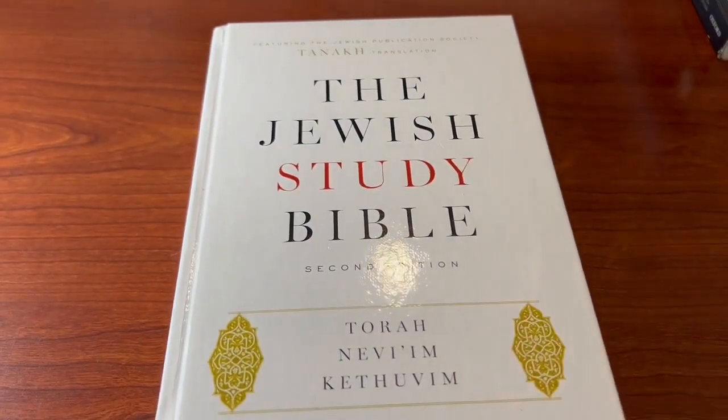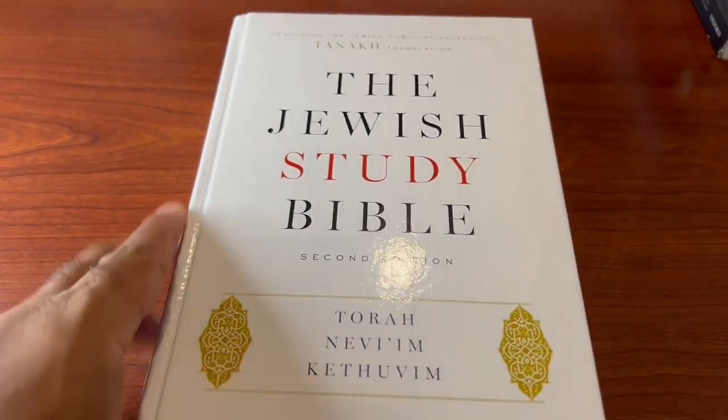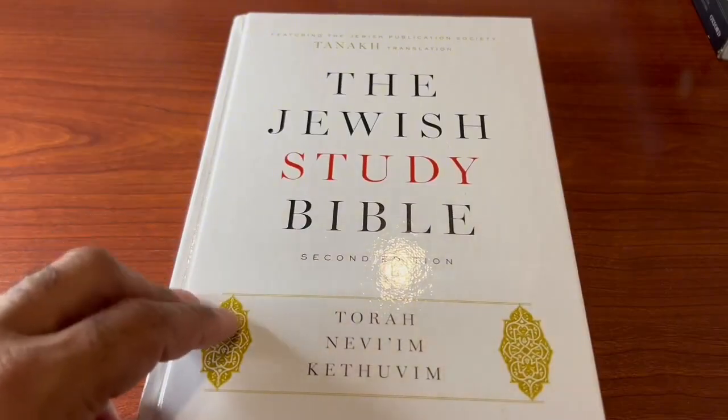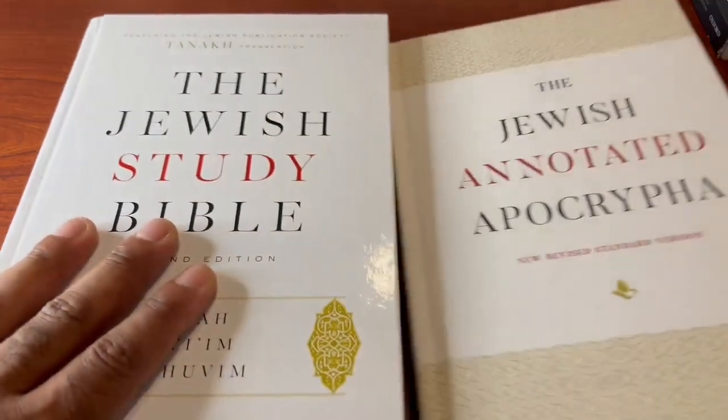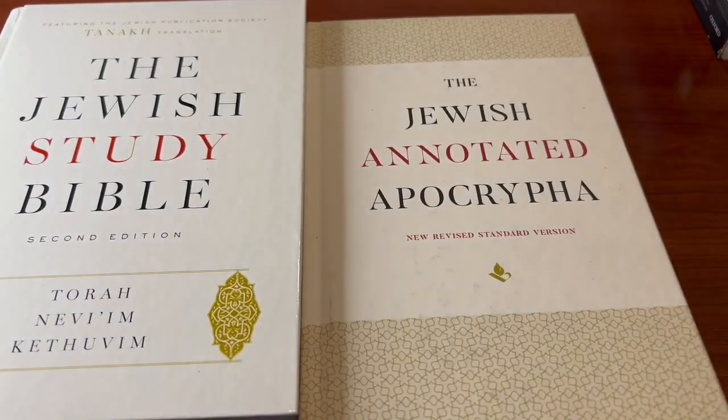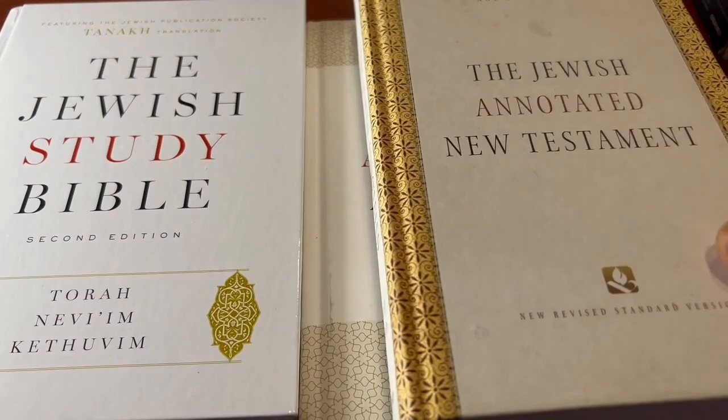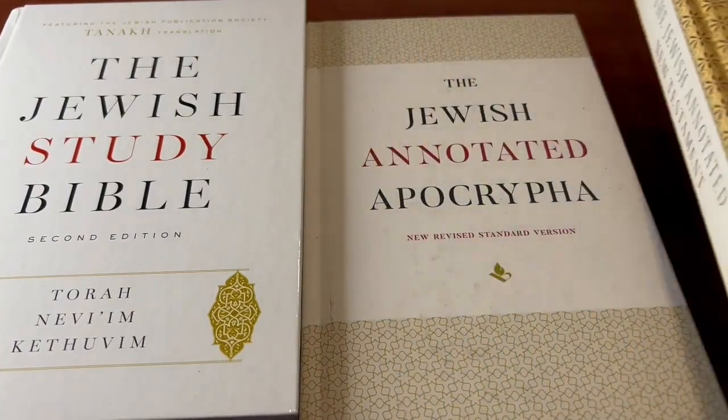The Jewish Study Bible. So this is just the Old Testament. I like this book here because it's a study Bible. It has annotations in it. It's actually a set. So that's the Old Testament. This is the Apocrypha and the New Testament. So it's a 3 set.